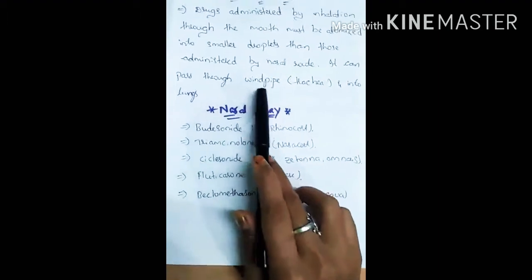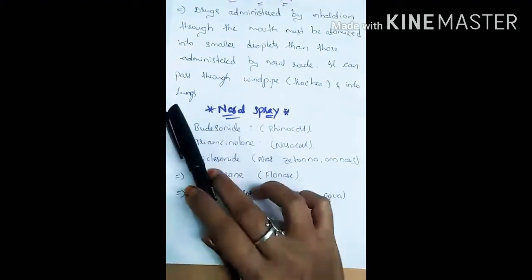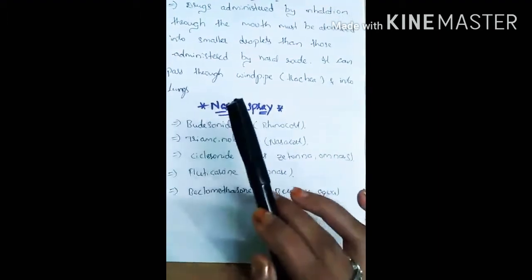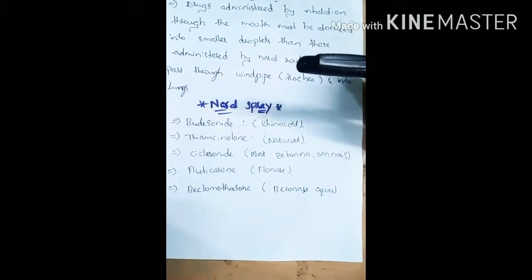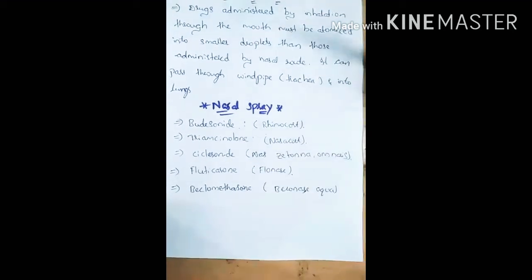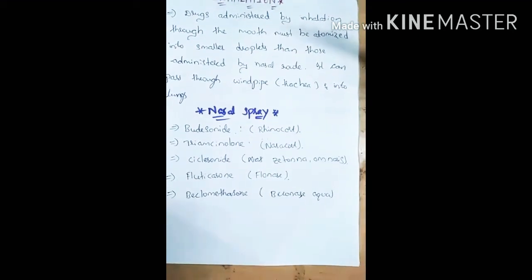Then it can pass through the windpipe, the trachea, and enter the lungs and show its pharmacological action, relaxation of the pulmonary respiratory system.